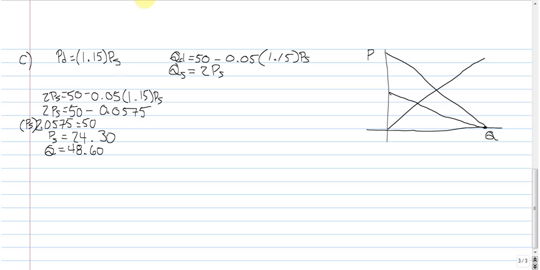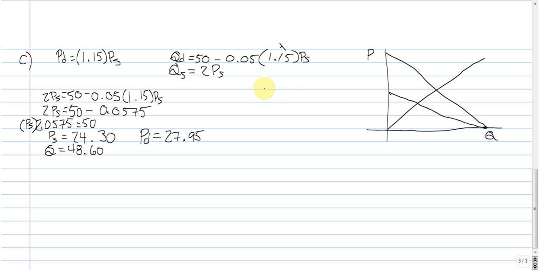Now, to check this, I want to make sure that it works out with my demand equation. So I'm going to take this and multiply it by 1.15, so I get PD. So the price of the demander is 27.95.